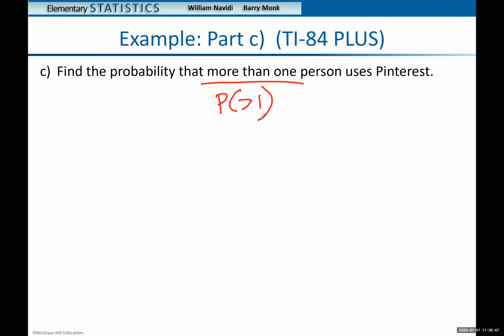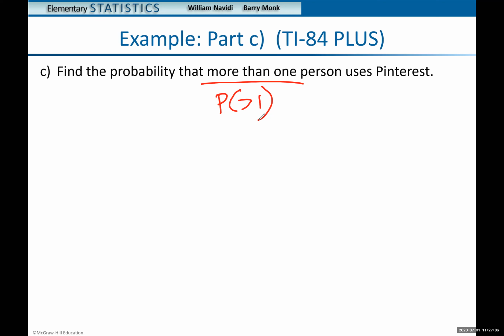So find the probability that more than one person uses Pinterest. So if that's greater than 1, that is 1, 2, 3, 4, right? But we don't know when to stop.